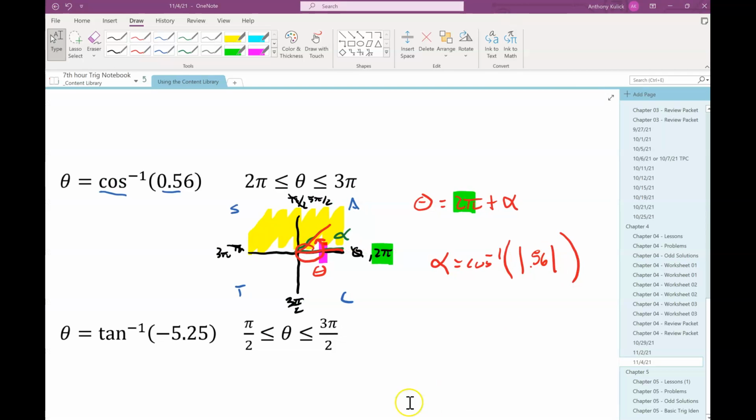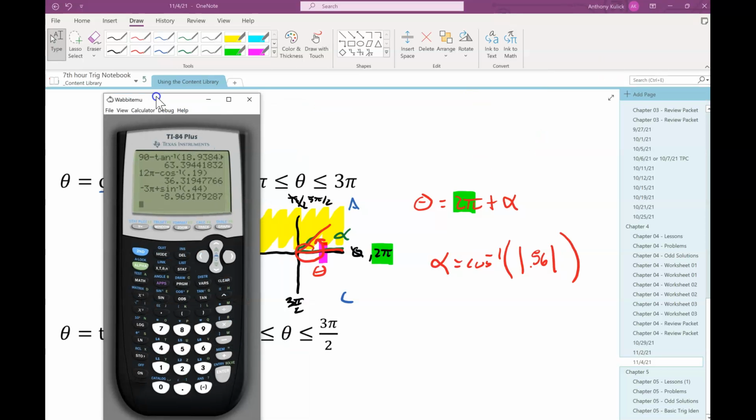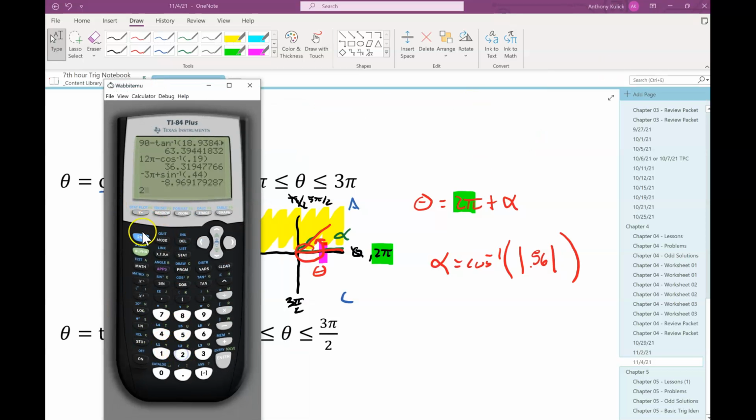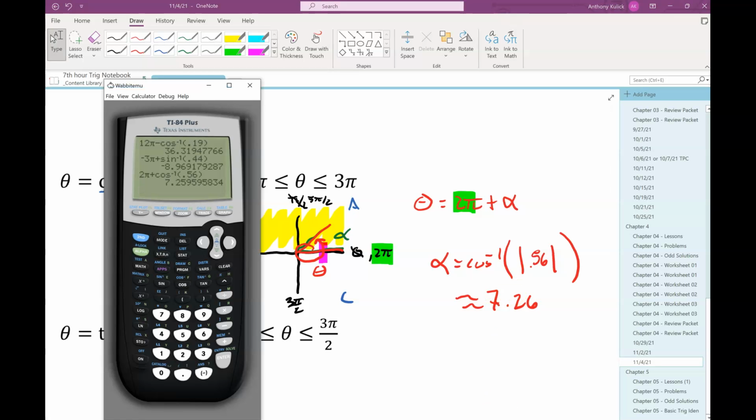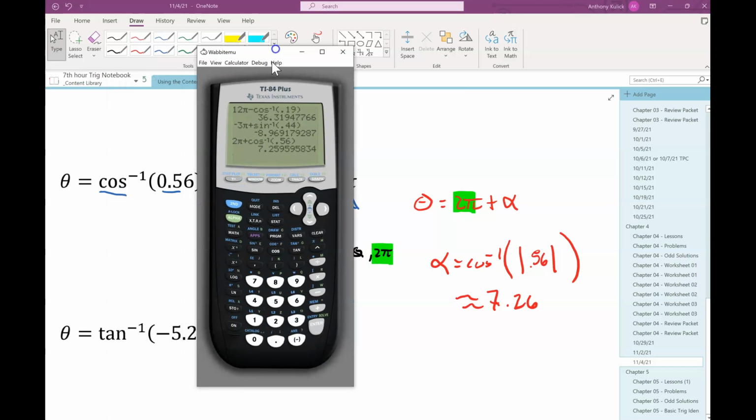And it's calculator time. So 2 pi plus cosine inverse 0.56 gives me about 7.26. I can check that answer. If I do regular old cosine of that answer, it better give me 0.56.